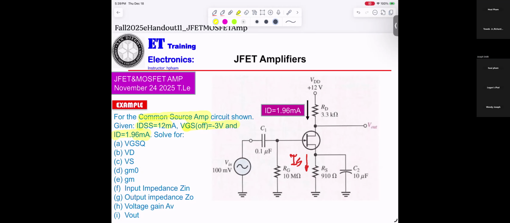They want to solve for VGS Q. So you know the formula.